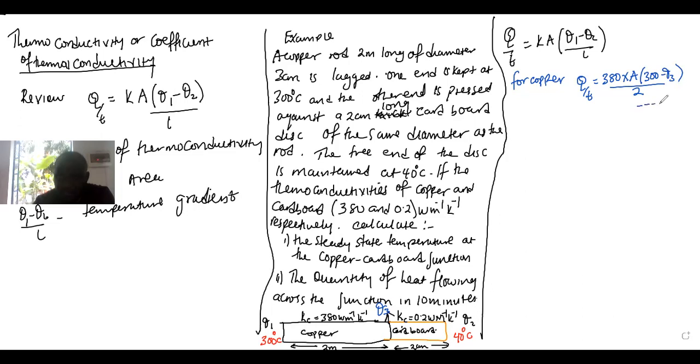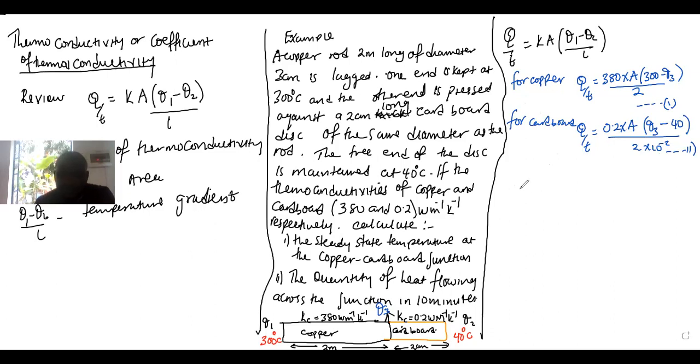So this can be equation 1. For the cardboard, the rate at which heat flows is going to be 0.2, the coefficient of the cardboard, times cross-sectional area, times θ3 minus 40, since this temperature definitely will be greater than the temperature at the extreme, divided by 2 times 10 to the power negative 2. This is equation 2.